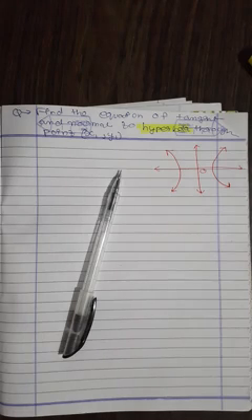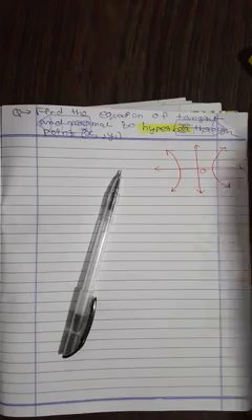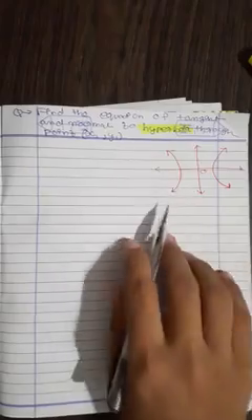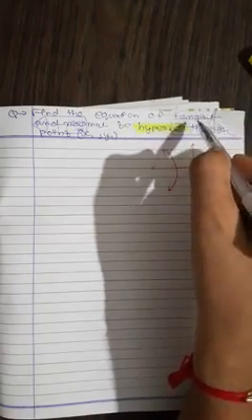Now the same thing we will be applying to get the equation of the tangent and normal to hyperbola. So this is the hyperbola, the drawing is shown here with the red pen, and I am trying to get the equation of tangent.